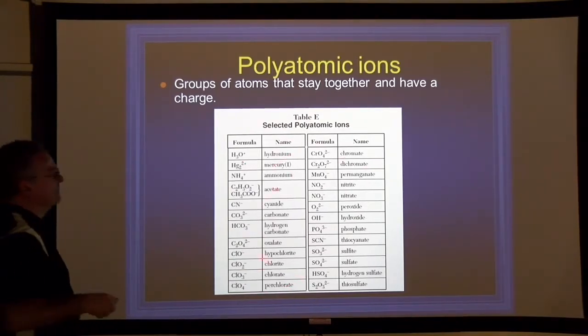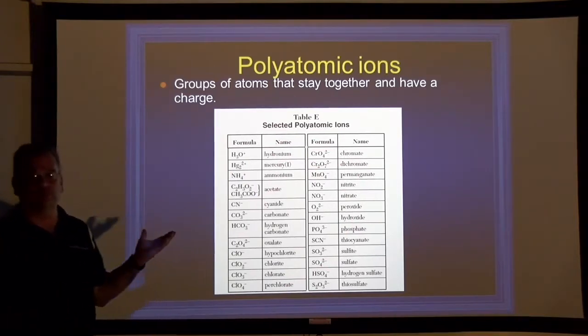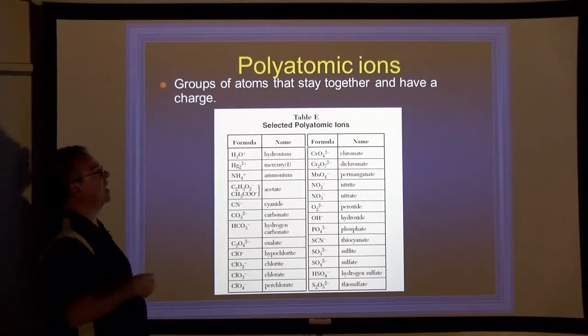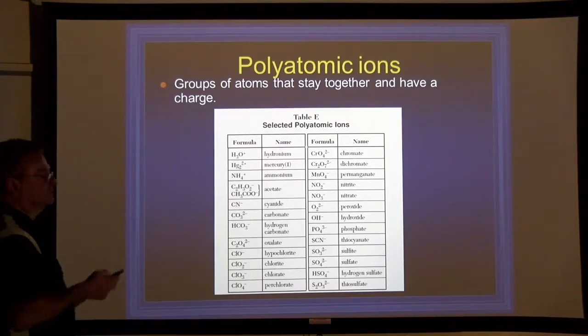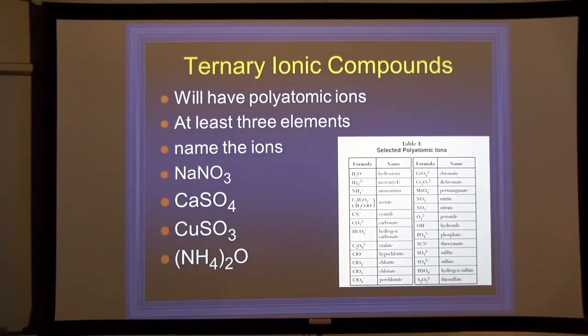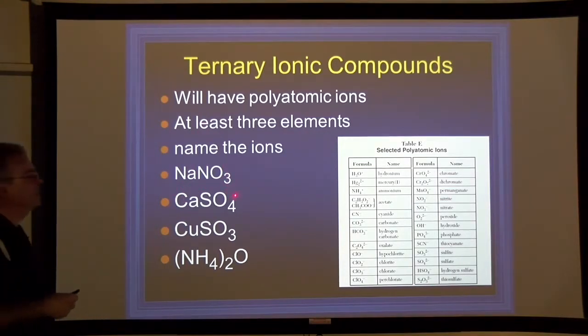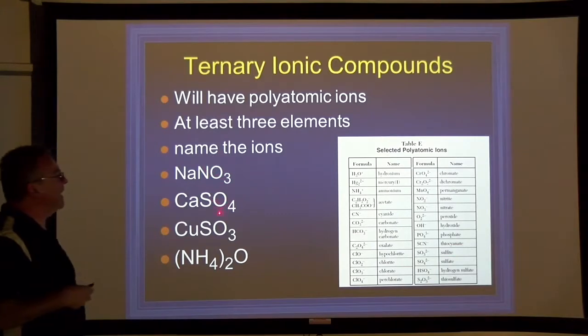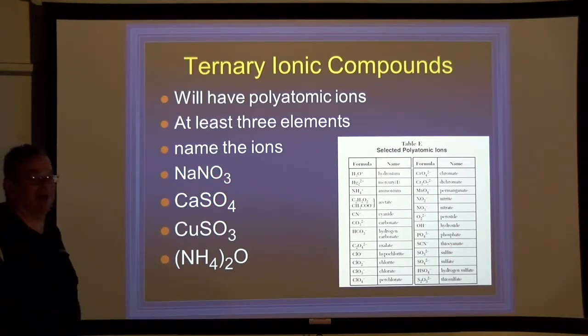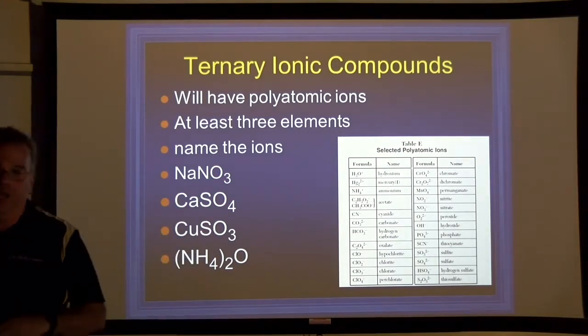So these ions can combine to form ionic compounds, right? These are not going to form binary compounds because there's more than one type of atom in it. So guys like this is sodium, the positive ion, and once you see that after the metal comes more than one nonmetal, it's a polyatomic ion.